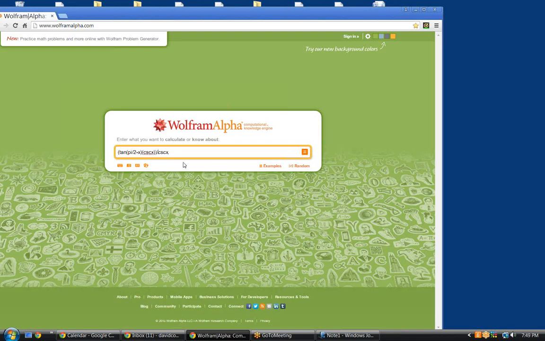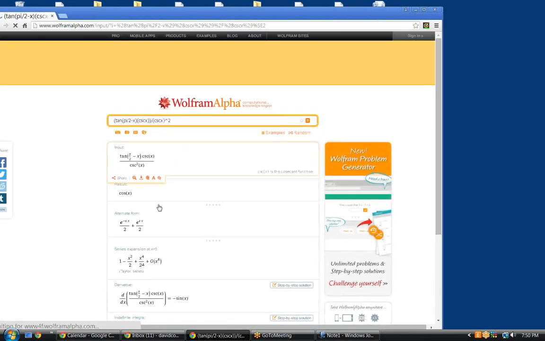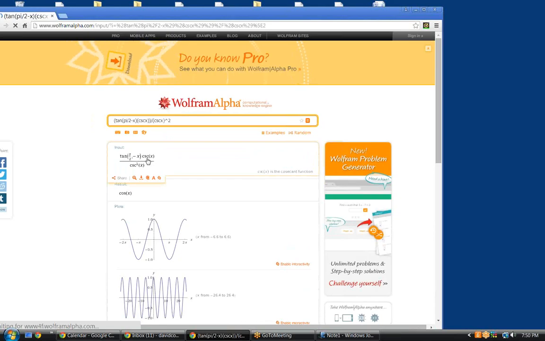Let's see if it recognizes what I put in. Tangent of pi over 2 minus x times cosecant of x, all over cosecant squared. And notice what we have: the cosine curve.